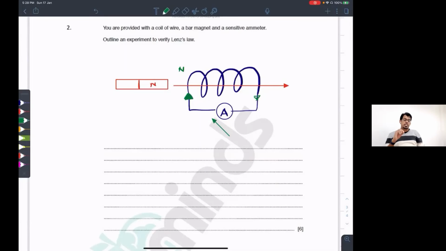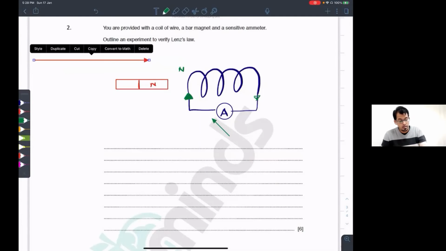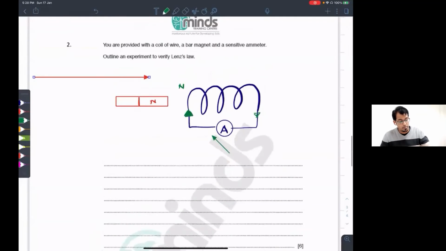What if, instead of moving the magnet into the solenoid, I try to pull it back? You are pulling the magnet out, away from the solenoid.